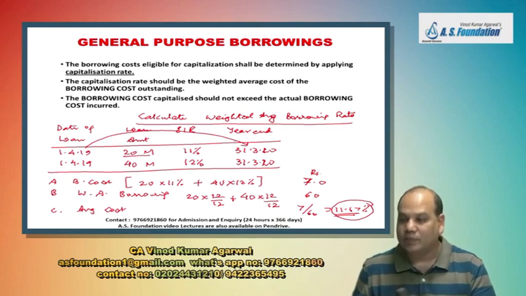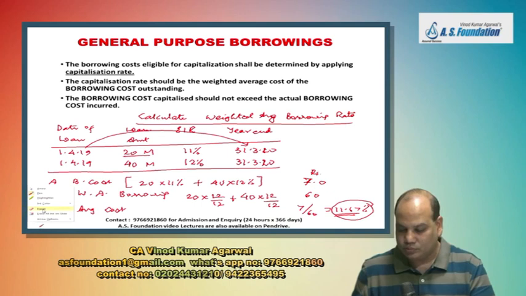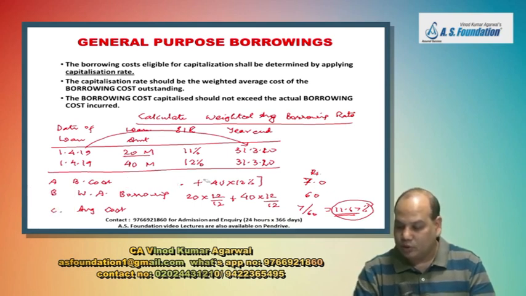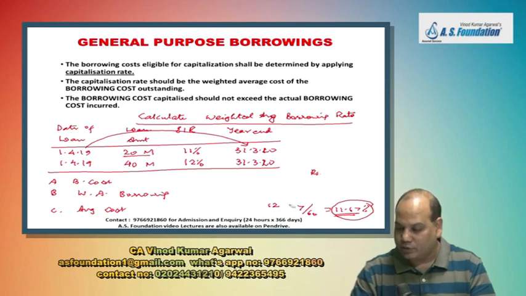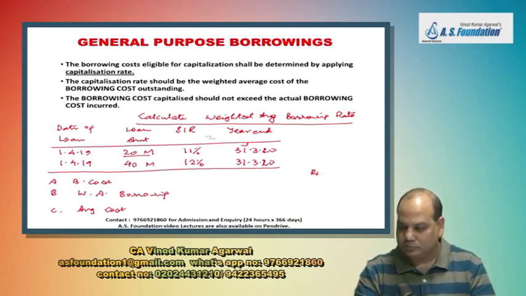Now just change the example. Example 2. Calculate weighted average borrowing rate. Now only one small change I will do in the whole calculation.